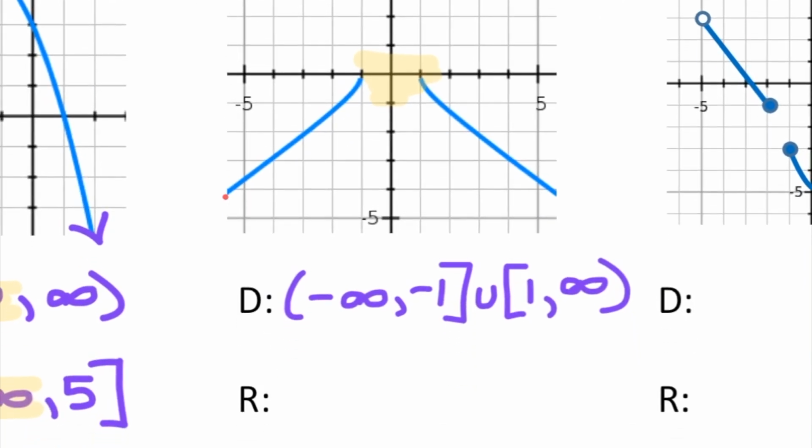Now, if you look at the range, the graph on the bottom has y values all the way down to negative infinity, but at the top, it stops there at y equals 0. And so my range is going to be negative infinity to 0, including 0.